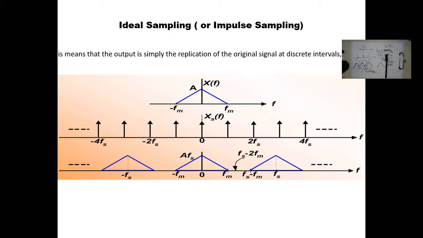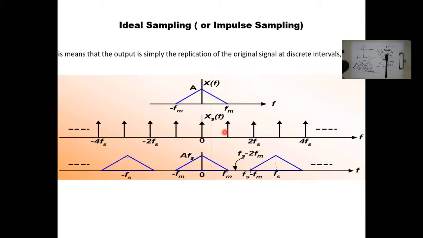The mathematical definition of the delta Dirac function is a function with zero width, in the time axis or frequency axis. Practically, it's impossible to create a delta Dirac function.